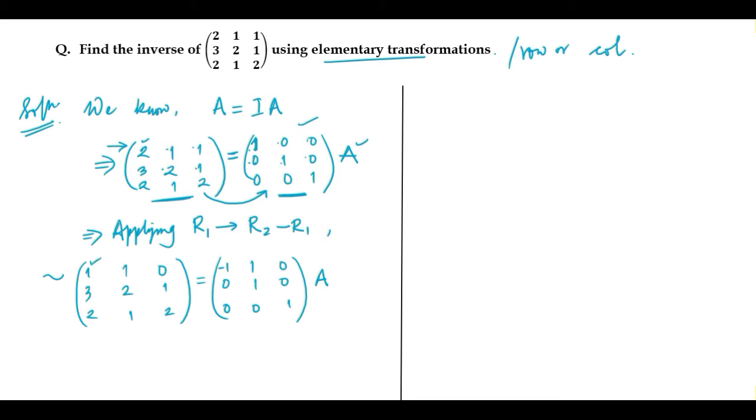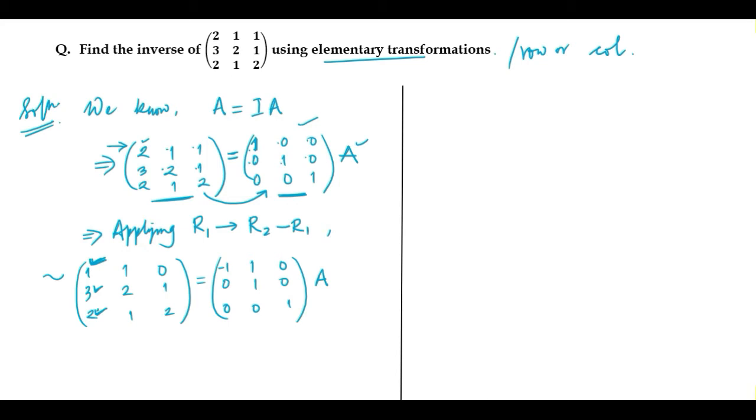The next aim is to convert these 3 to 0, these 2 to 0. We will multiply this 1 by 3, subtract with this 1 to get 0. We will multiply this 1 by 2, subtract with this 1 to get 0 at this point.